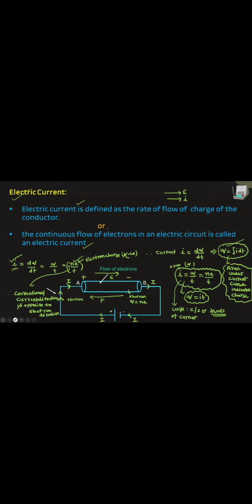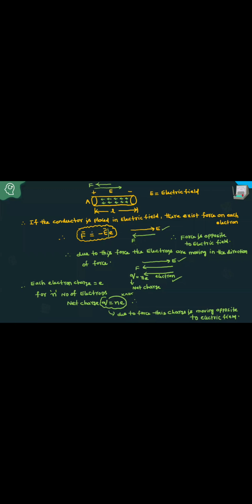Now, very important observations, friends, you have to concentrate. I'm asking one question. If the electric field E increases, if you apply more electric field, what is the force on each electron? If the electric field increases, the force on each electron increases.